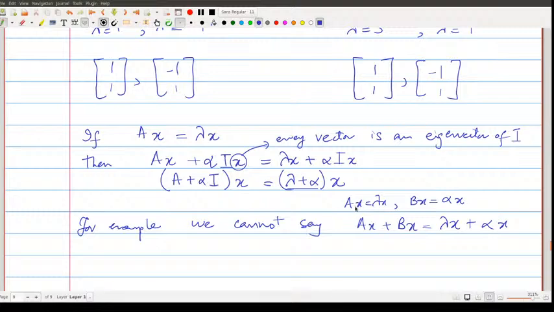Maybe A has eigenvector 1, 1 and B doesn't have that eigenvector. So this is wrong. I can't do this for any A plus B. I can't say (A plus B) x equals (lambda plus alpha) x, because A and B may or may not share the same eigenvector. But in this case we can do this, because the identity matrix has every vector as an eigenvector. So that's a nice case.